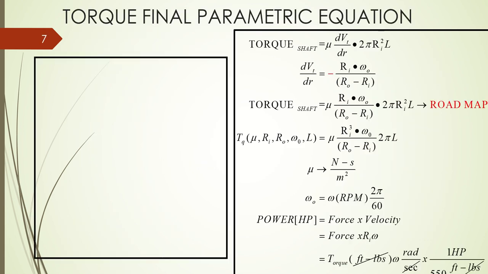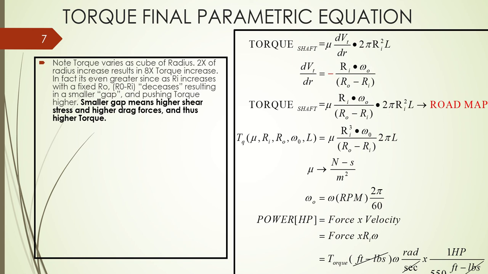So if we look at the final equation here, we note that the torque is going to vary as the cube of the radius. Note we have an Ri and an Ri squared.